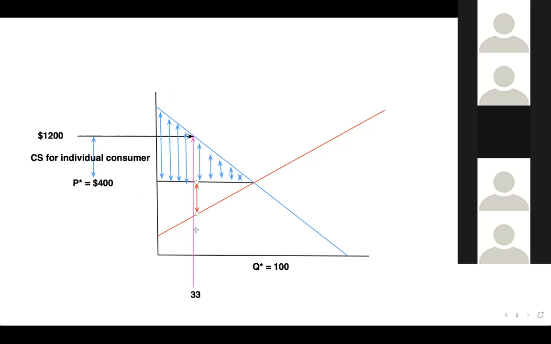And this is where we interpret the supply curve as representing the cost of production. And to be technical about it, because it matters later on in the course, this is what we call the marginal cost.